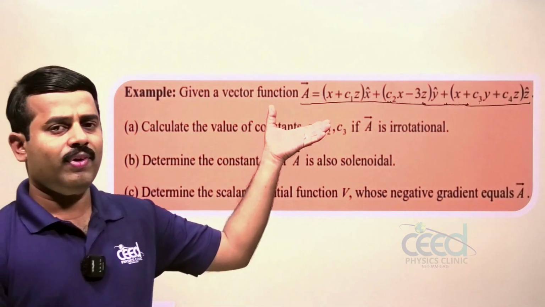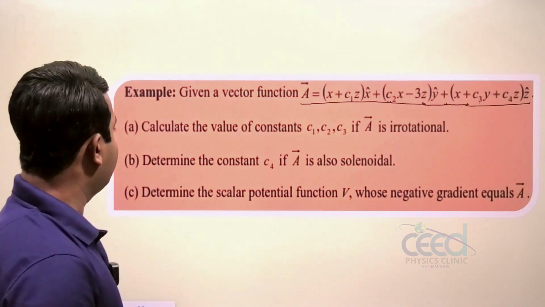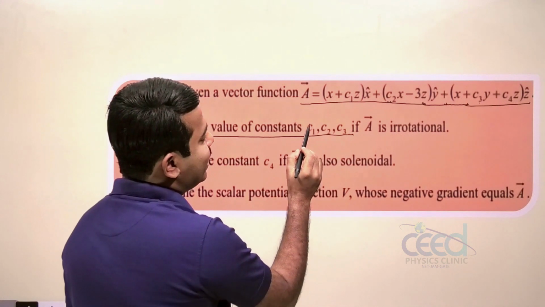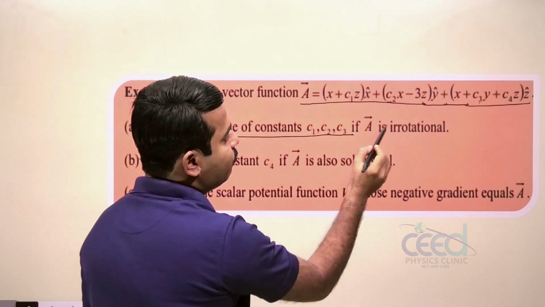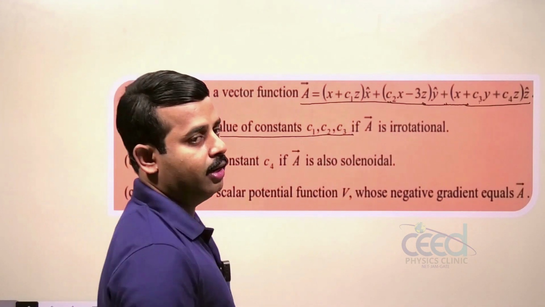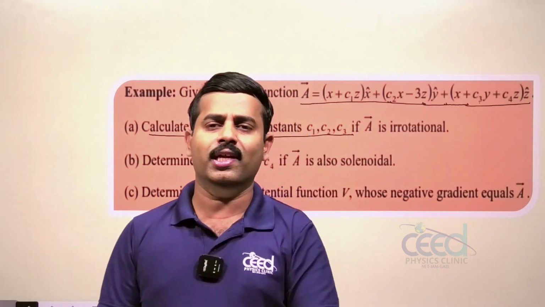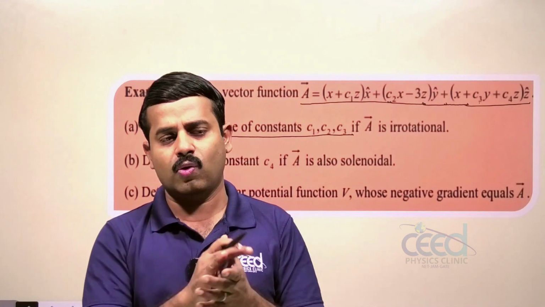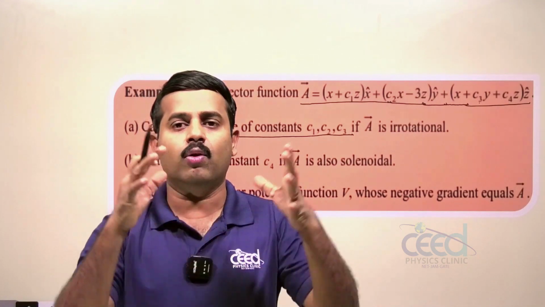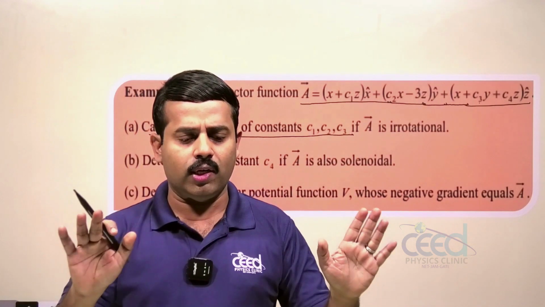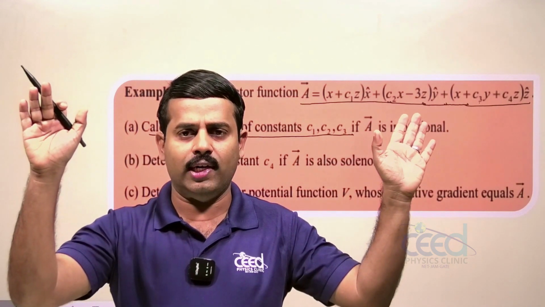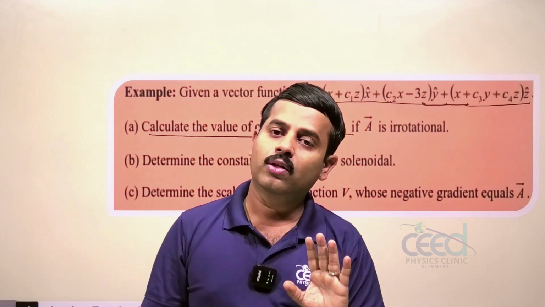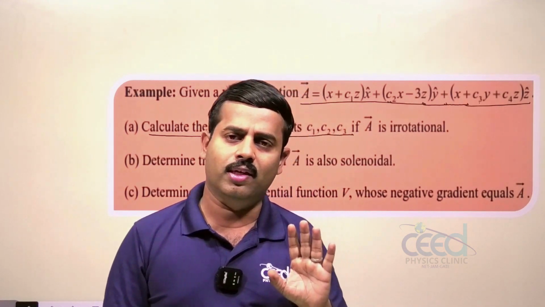A vector field is given. What we want to find is the value of the constants c1, c2, c3 if A is irrotational. What is irrotational? It is not rotating. What is the rotation of a vector function? Del cross A. If it is not rotating, del cross A is 0. So equate and find out the constants. That is the question.